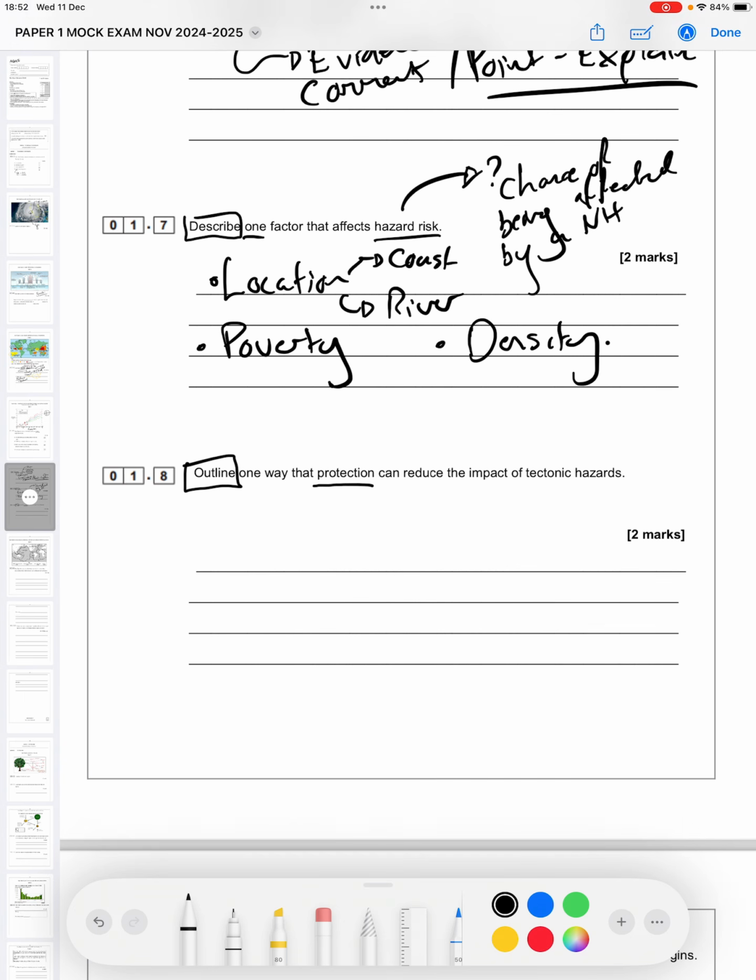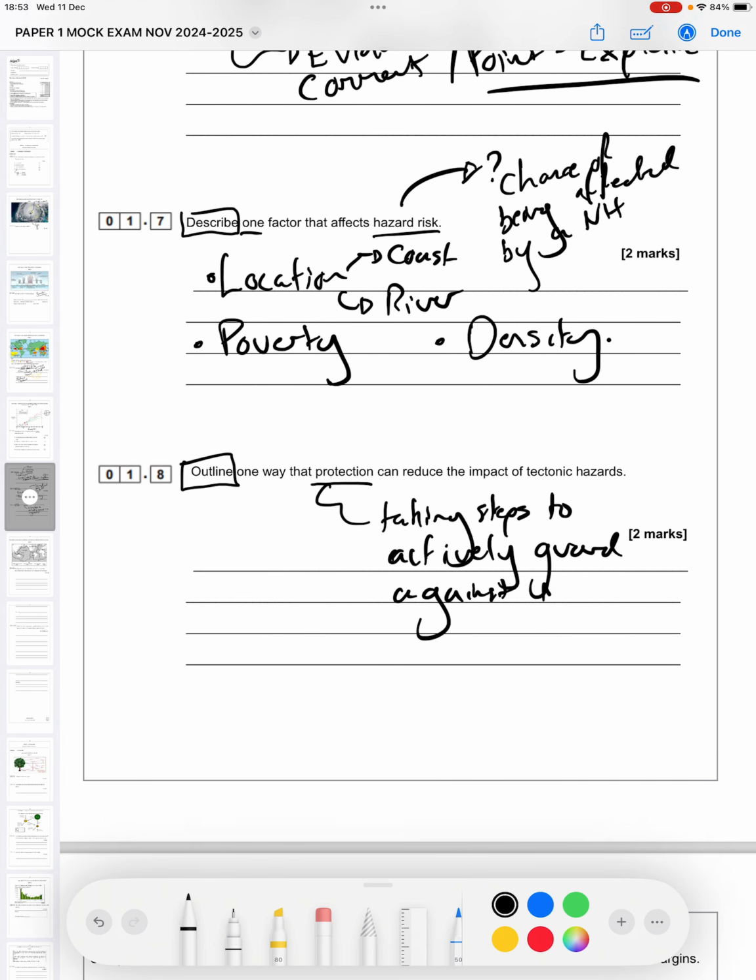So we know that protection for us is basically taking steps to actively guard against natural hazards.